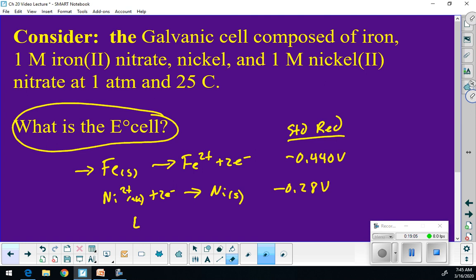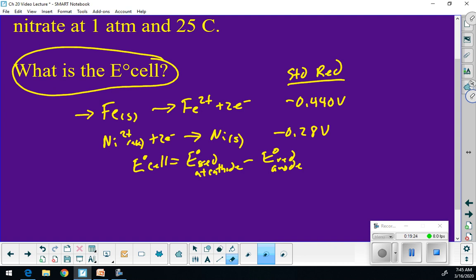How do I get my E cell? My E cell is going to be my standard reduction potential at the cathode minus the standard reduction potential at the anode, right? AKA at the cathode, what's happening? This is for my reducing species, and here is my oxidizing species.